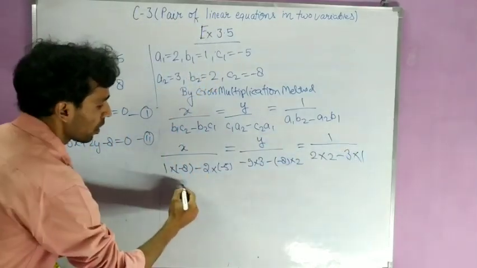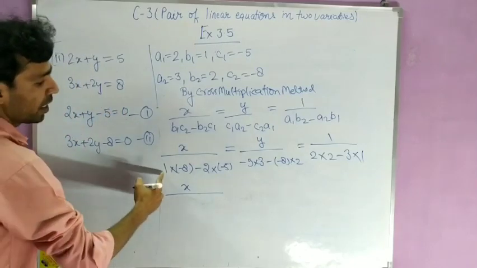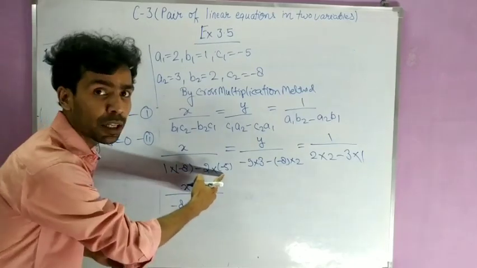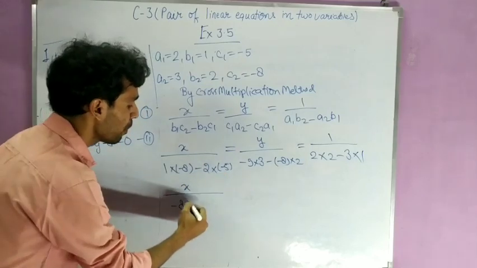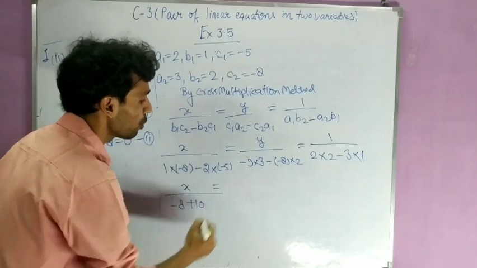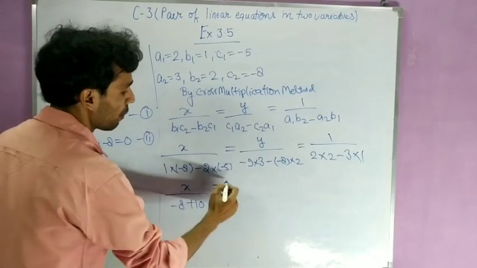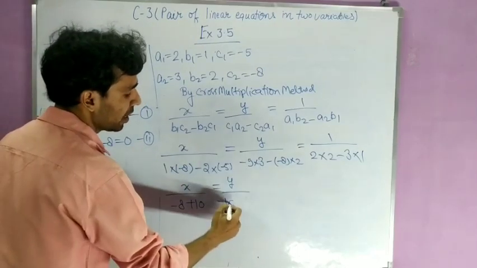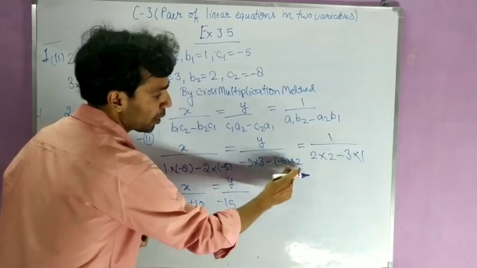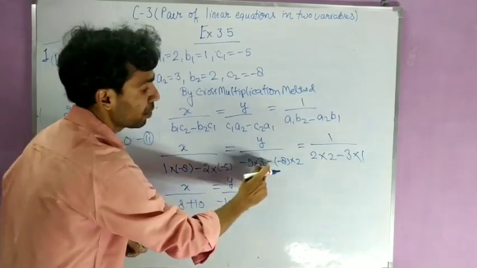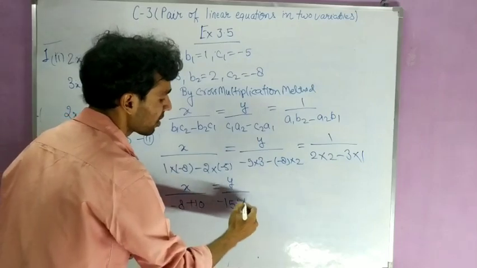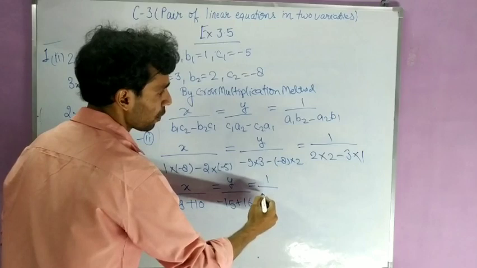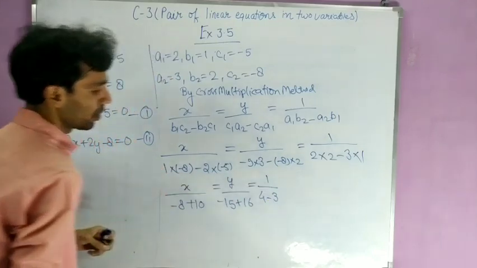Now solve it. x upon 1 into minus 8, that is minus 8. Now 2 into minus 5 will become minus 10, and minus minus will become plus, so plus 10 equal to y upon minus 5 into 3 is minus 15 and minus 8 into 2 is minus 16, and minus 16 with minus, so it is plus 16, equal to 1 upon 4 minus 3.